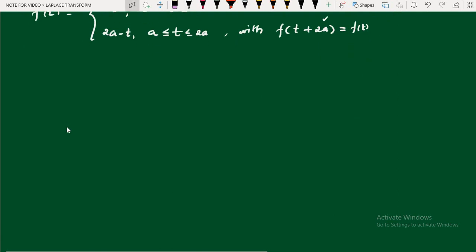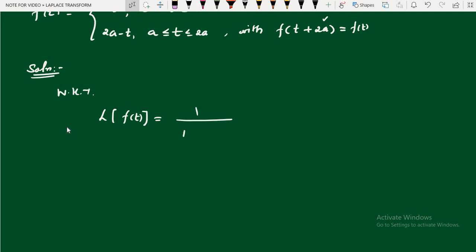For that we need the Laplace transform of periodic function formula. We know that L of f of t is 1 by 1 minus e power minus ps, integral 0 to p, e power minus st f of t dt. So this is the formula.